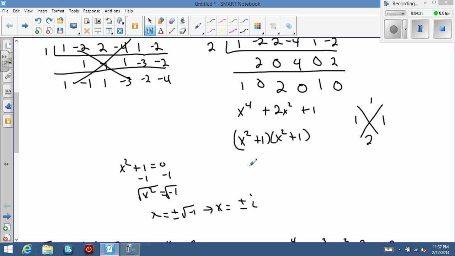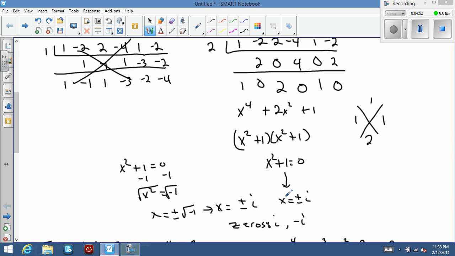Well, I'm going to get the same thing for the other x squared plus 1, and so I don't need to do all the work again. I'm just going to get positive and negative i again. So my zeros are i and negative i. So those are my zeros.